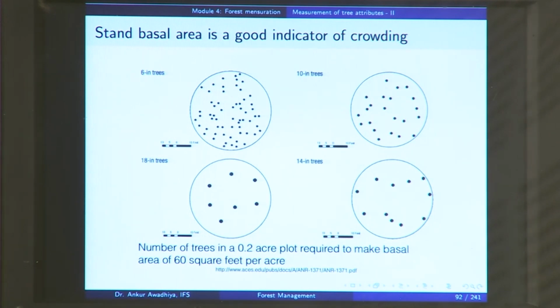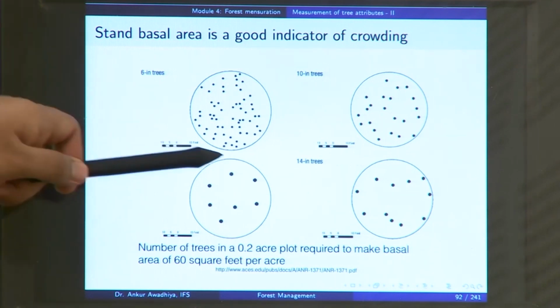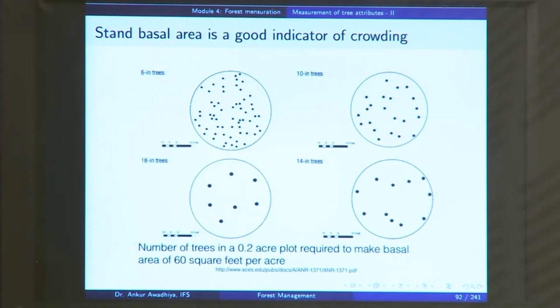Now, the amount of crowding that you have in your stand is dependent on the basal area of the stand. So, if you have a stand with a greater amount of basal area, you will say that there is a very huge amount of crowding, because even though you have fewer trees, the total amount of area that is being occupied by these trees is now so huge that your piece of land is no longer able to accommodate any more trees.